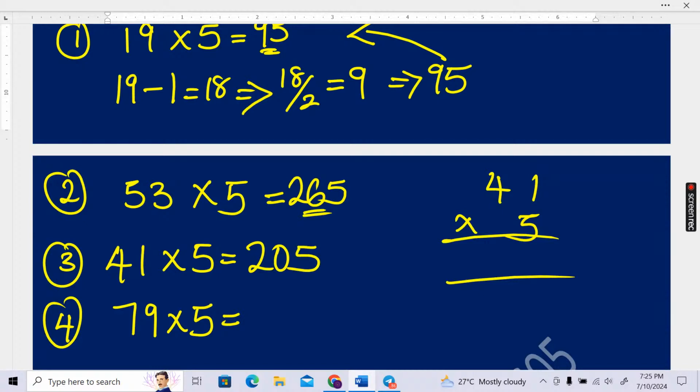What will you add together to give you 78, making sure the numbers are equal? That is 39. 39 plus 39 is 78. So when you divide 78 by 2, you're going to have 39. So write down 39 and write 5 beside it. Okay, now I'm going to explain again.